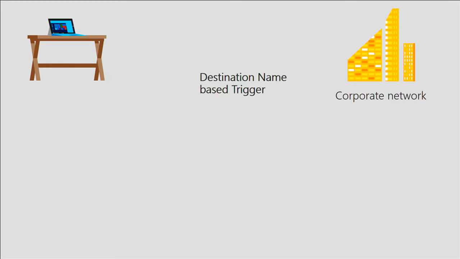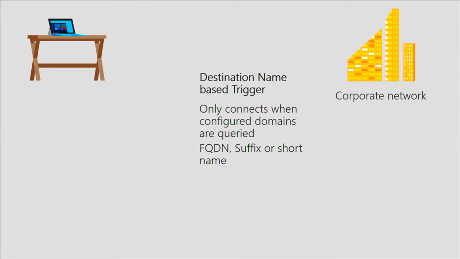So in order to get that on-demand behavior with the corporate namespaces, you will use a destination name-based trigger. So it only connects when a configured domain is queried, and that domain can be defined via a fully qualified domain name, suffix, or a short name.